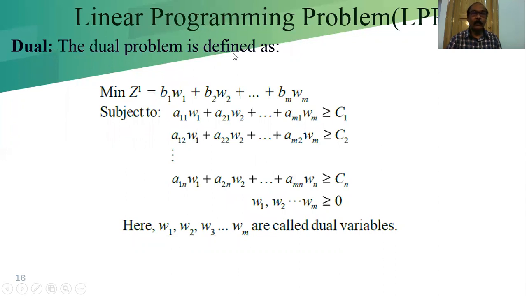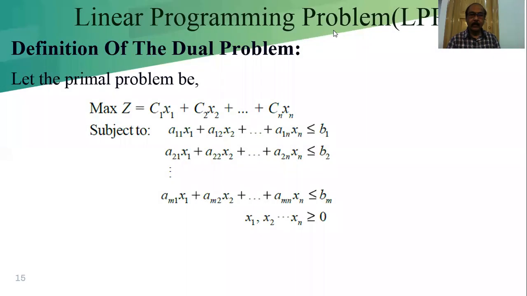Dual. Then the dual problem is defined as follows. What are the right hand sides? B1, B2, Bm. They go here with B1 Y1, B2 Y2. So let Y1, Y2, or W1, W2, Wm be the dual variables for the dual problem. So it would be either B1 Y1, B2 Y2, or Bm Ym, or B1 W1, B2 W2, Bm Wm.